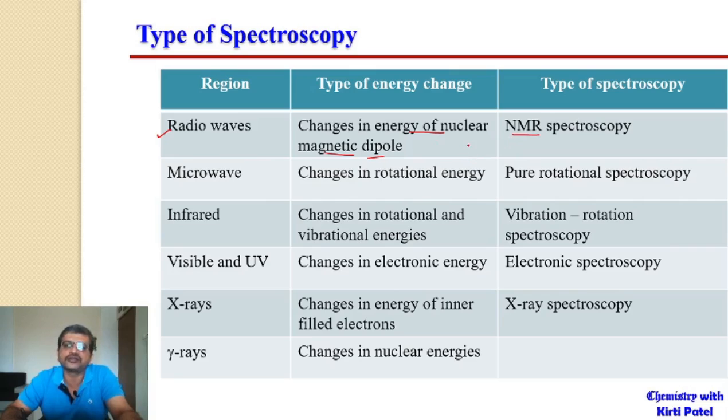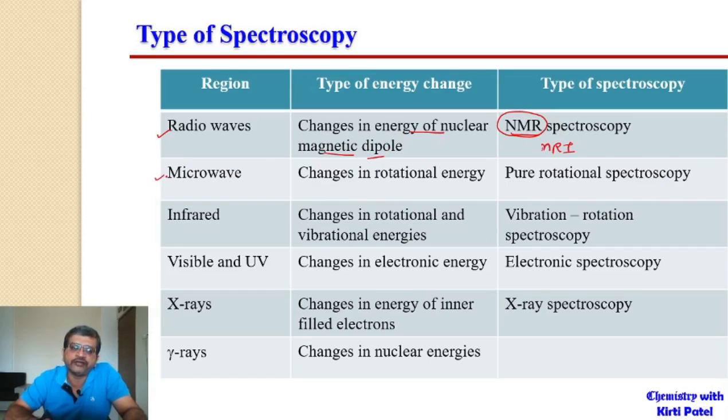NMR स्पेक्ट्रोस्कोपी, ये हम ऑर्गेनिक में भी पढ़ते हैं. सो NMR स्पेक्ट्रोस्कोपी will be given rise by radio waves. This is also being used for MRI scans. So we can use it for MRI scans, that is radio waves, which is applicable on the same basis as that of the NMR spectroscopy.